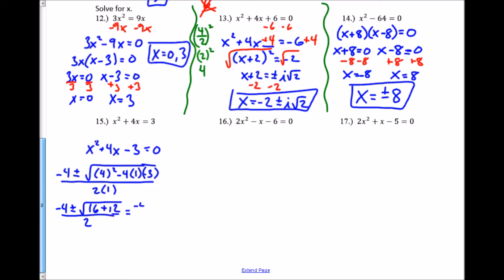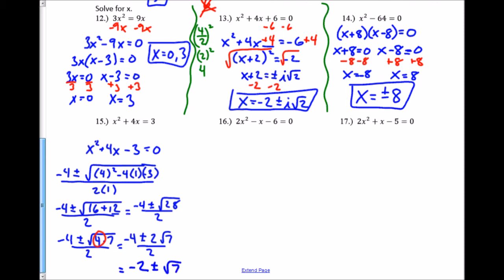I continue to simplify. -4 plus or minus the square root of 28 over 2. And now from here, the square root of 28 I'm going to have to break down. Because there's perfect squares in there, I can break this down to a 4 times 7. The square root of 4 is a 2, so this becomes a -4 plus or minus 2 root 7 over 2. And now everything's divisible by 2. This whole thing's going to simplify to a -2 plus or minus the square root of 7.